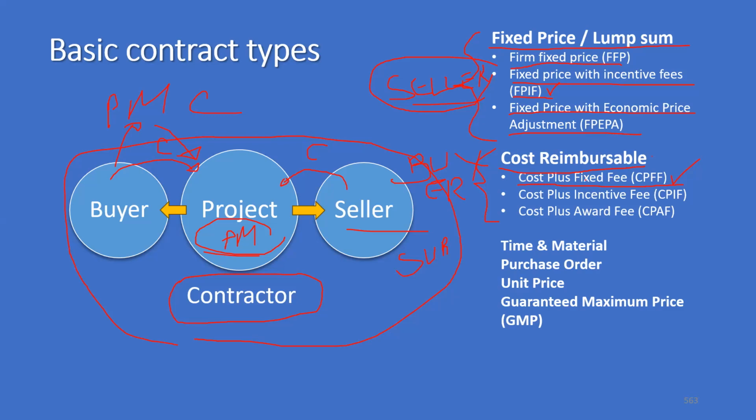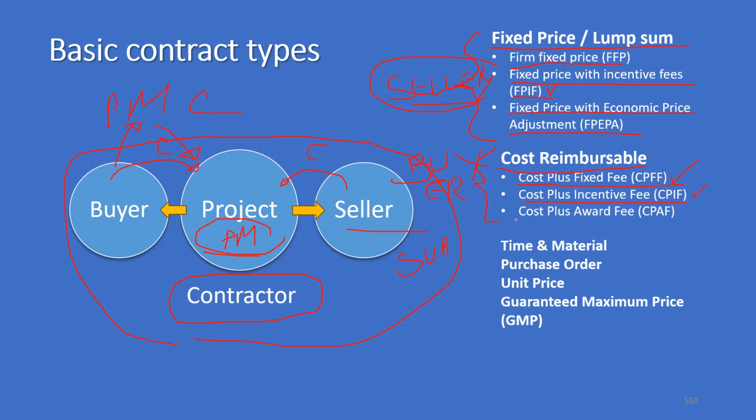Then other variants of cost reimbursable contracts: we have cost plus incentive fee. In case the quality of the deliverable is very good, or if you deliver it on time, or if your training programs are attended by more than 15 people, you get some additional incentives. That is an example of cost plus incentive fee, CPIF.